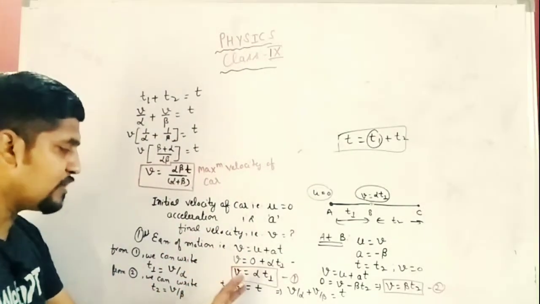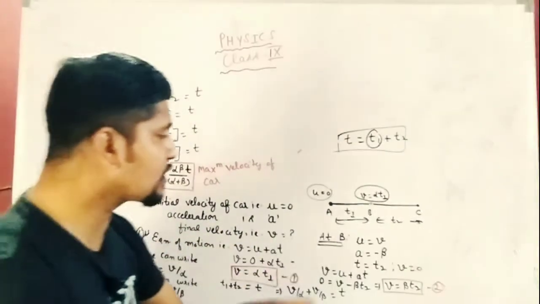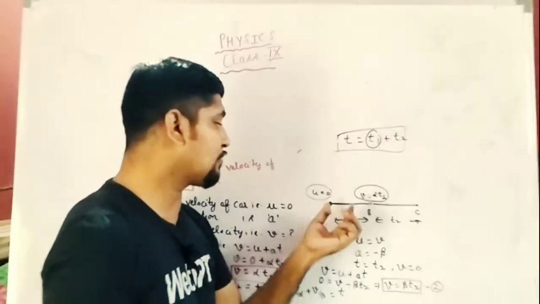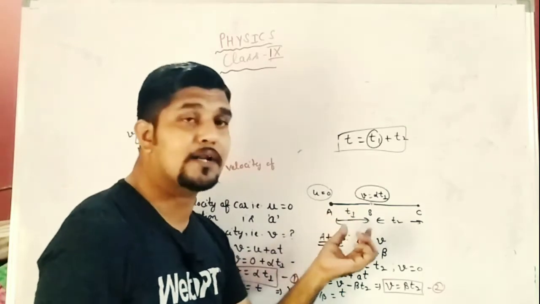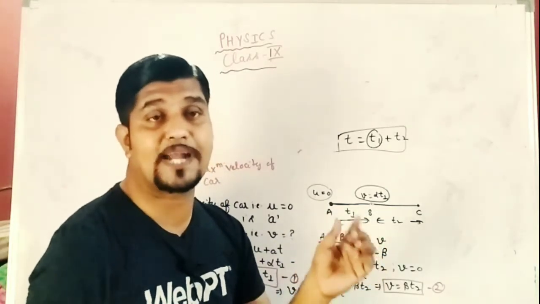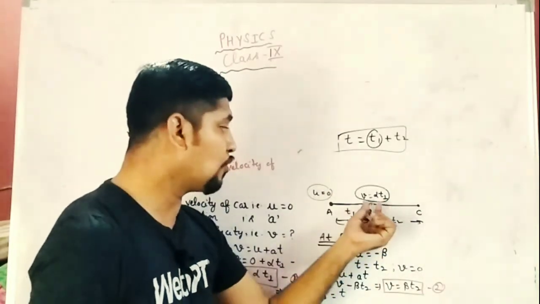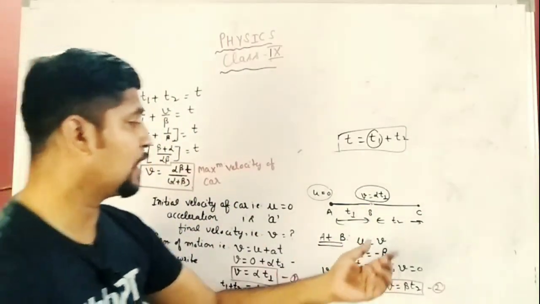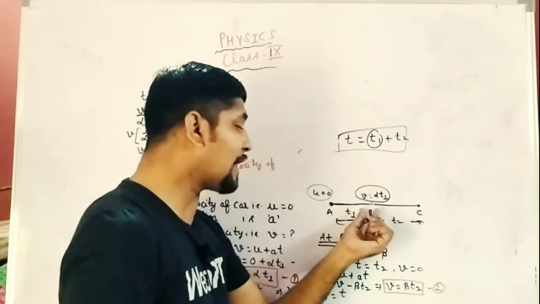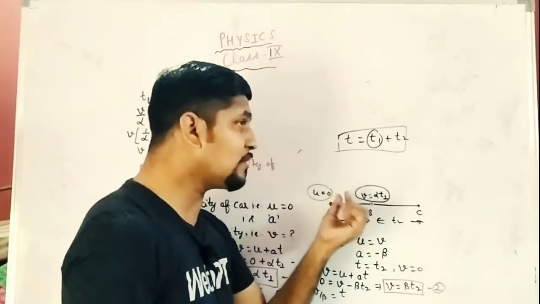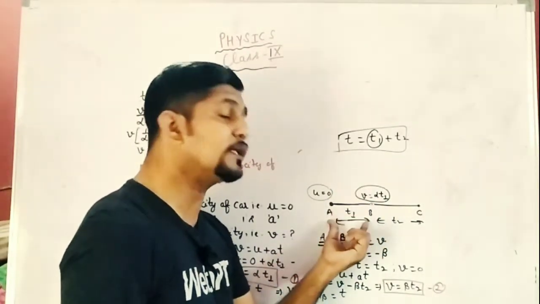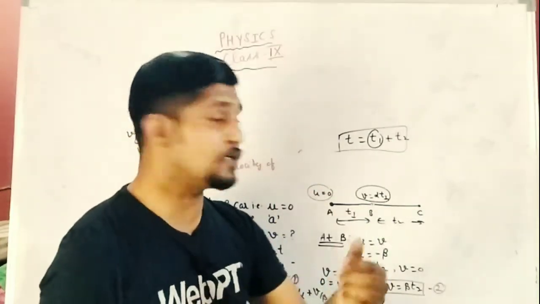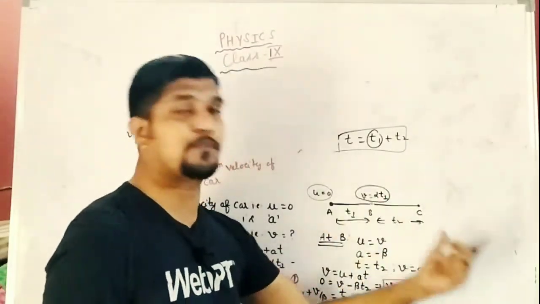So we get v is equal to alpha t1. It means during the time t1, the final velocity attained by the car while accelerating from rest at a constant rate alpha is v. Now for the next portion, during time t2, when the car starts from B, the final velocity of the portion during t1 will act as the initial velocity for the next portion.